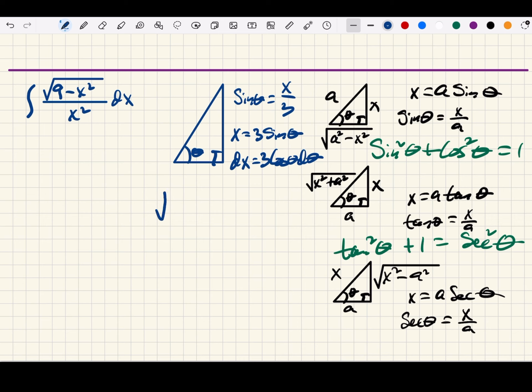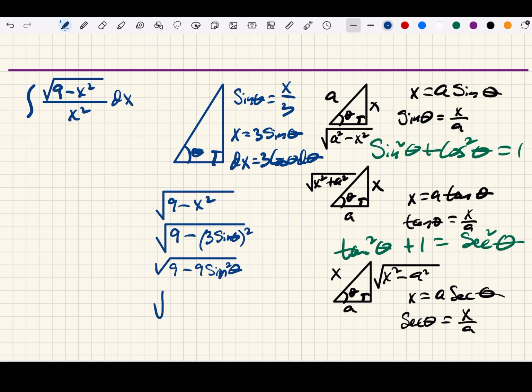Okay, well, I got a couple of things. I got the square root of 9 minus x squared. So that's going to be the square root of 9 minus the square of 3 sine theta. So that's the square root of 9 minus 9 sine squared theta.